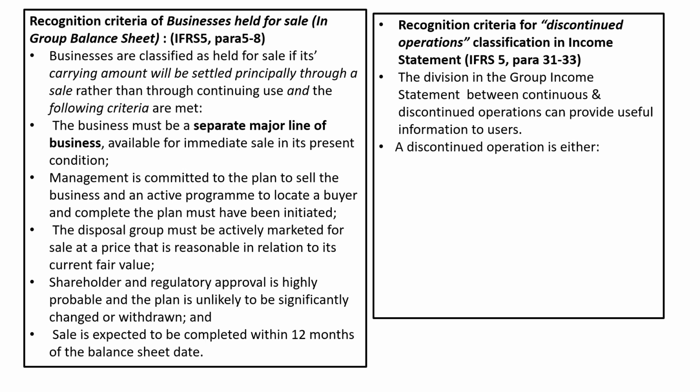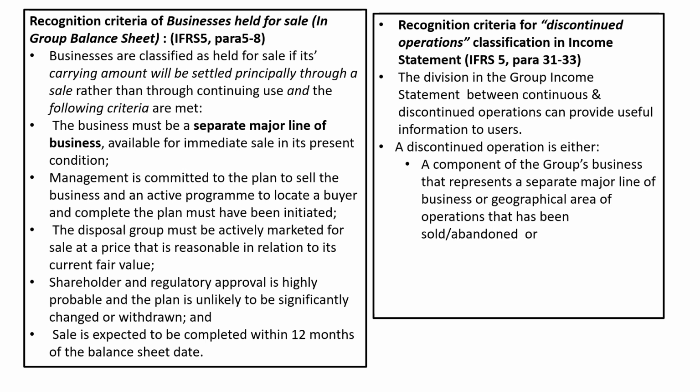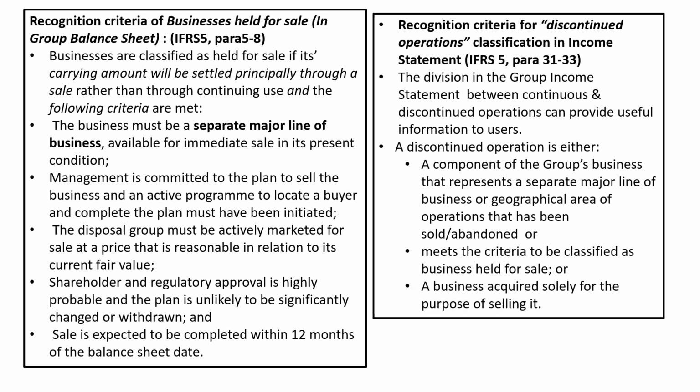A discontinued operation is either a component of the group's business that represents a separate major line of business or geographical area of operation that has been sold or abandoned, or meets the criteria to be classified as business held for sale, or a business acquired solely for the purpose of selling it.